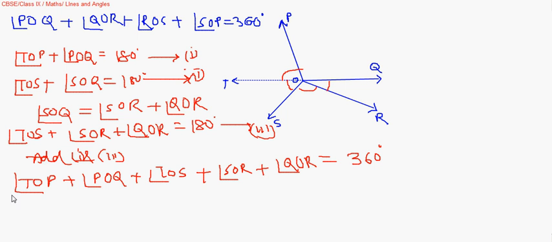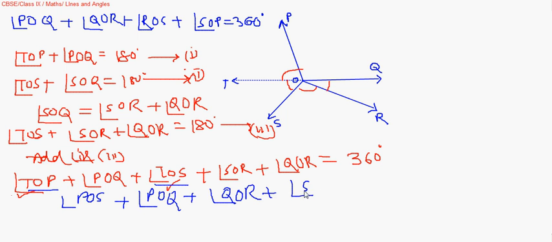TOP plus TOS, I can simply write for these two angles directly as POS, and the rest of them will be POS plus POQ plus, I just rearrange so that we can look at it serially.